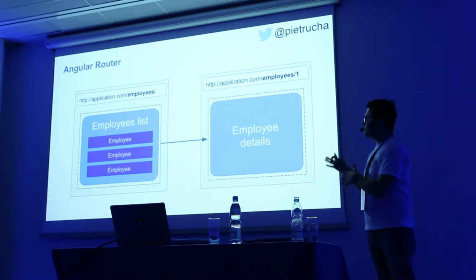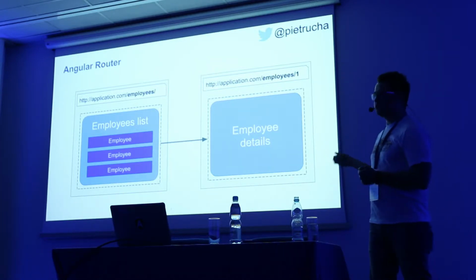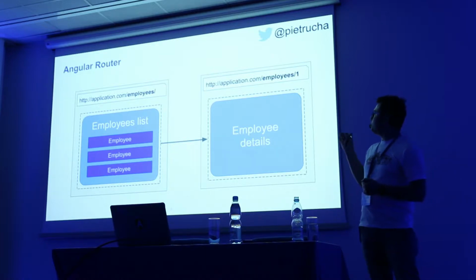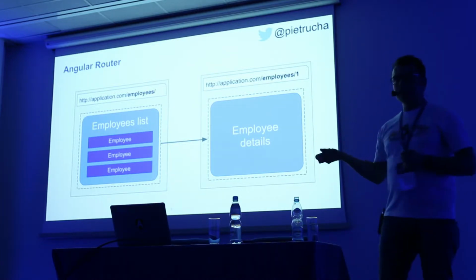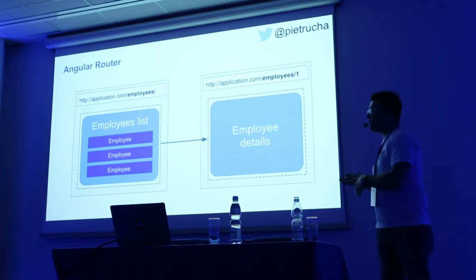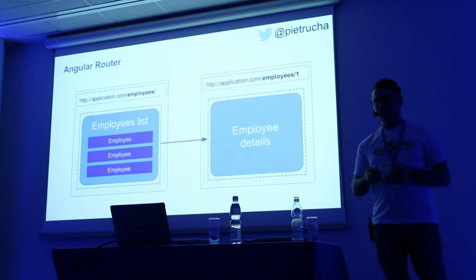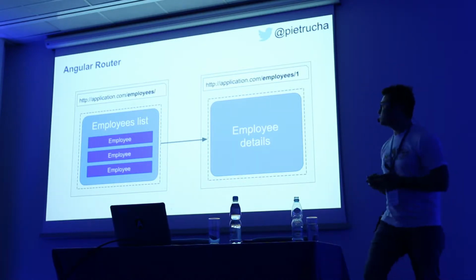In this example, we have the employees list under /employees/, and once the user changes the URL, the state of the application changes in the place where the list happens to be, and now we have a different component rendered. So this is in general how routing in single-page applications works.